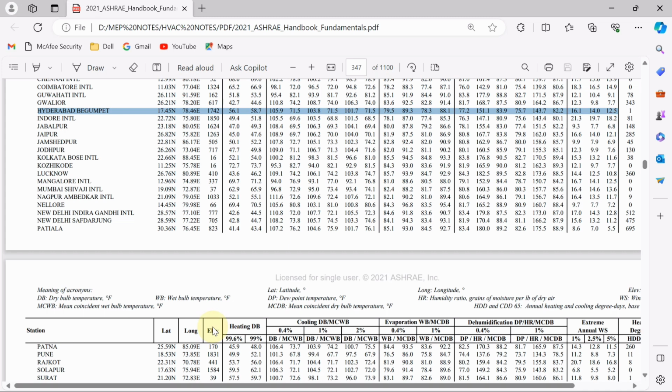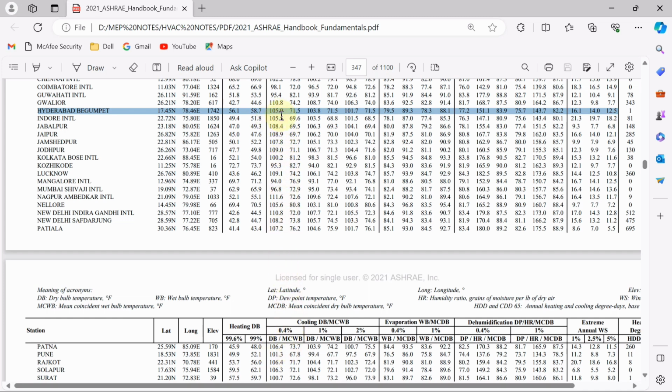The temperature which we measure with an ordinary thermometer is called the dry bulb temperature. Here you can see the cooling dry bulb temperature and mean coincident wet bulb temperature at 0.4%, 1%, then 2%, and their values are given.